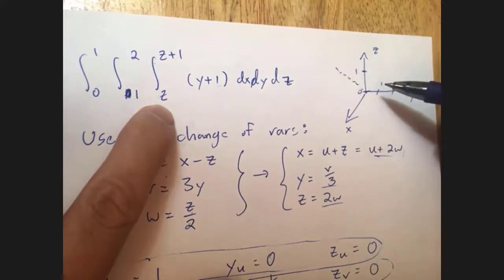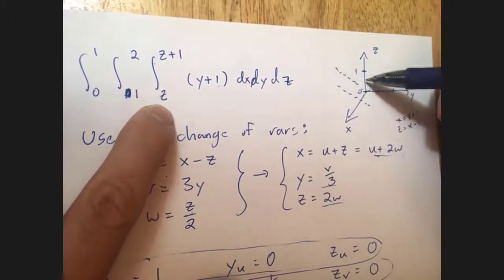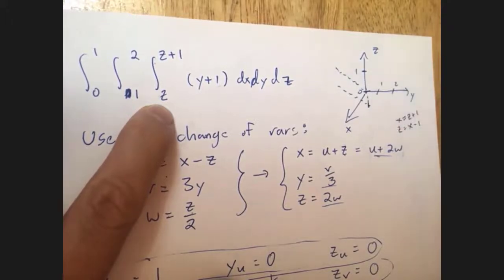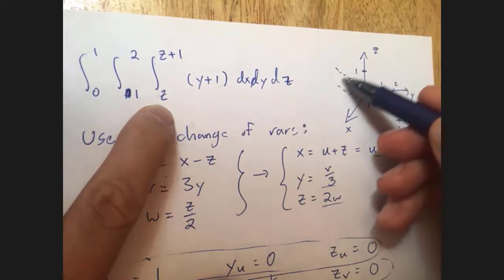X equals z plus 1, that's the same thing as z equals x minus 1. So that's another line that just has an intercept down here at -1 on the z-axis. So x is going between these two lines over here.